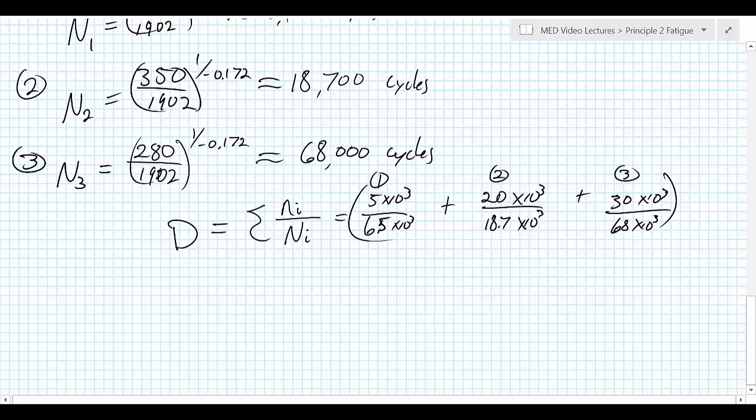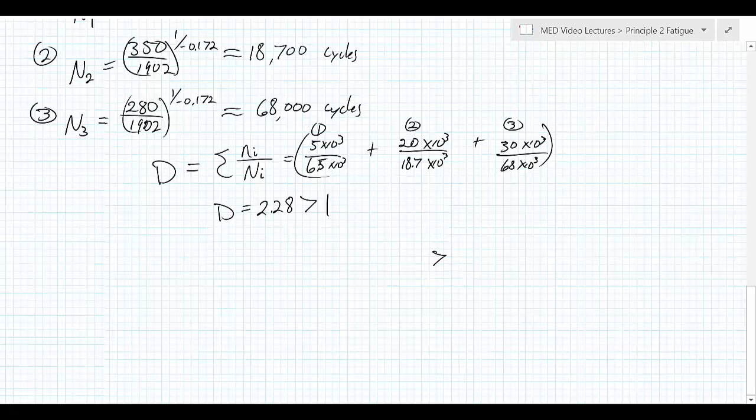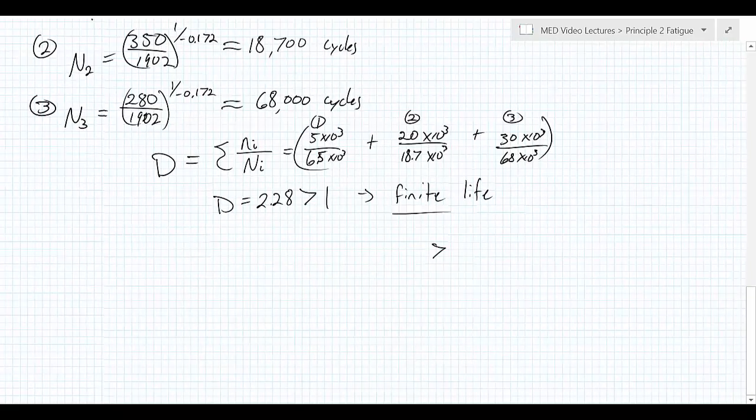And 30 over 68 is a little bit more than half, so this is about half of its life. So already we're more than the product's life will last. But if you add those pieces together, the damage equals 2.28, which is greater than 1, meaning that we are talking about finite life, or it will not last.